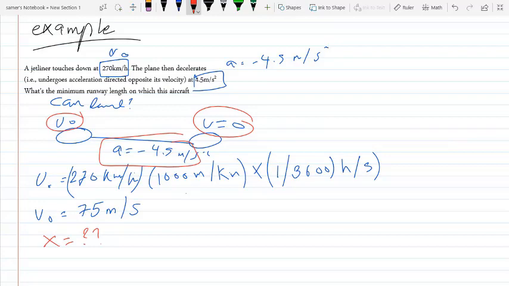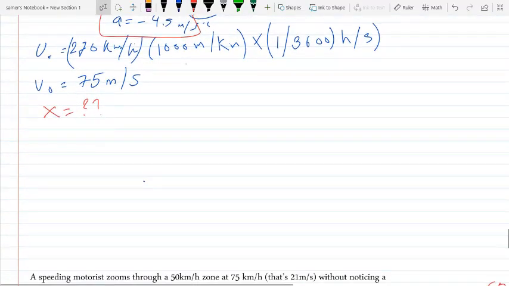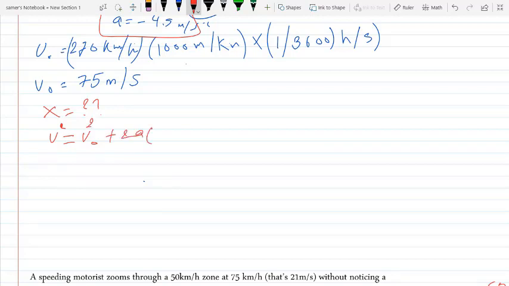To find x, we use the third equation of the equations of motion: v squared equals v0 squared plus 2a times x minus x0. V squared is 0, v0 squared is 75 squared, plus 2 times minus 4.5, which is the acceleration, times x.